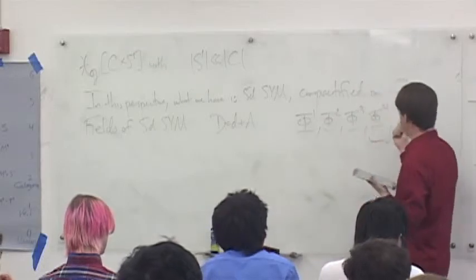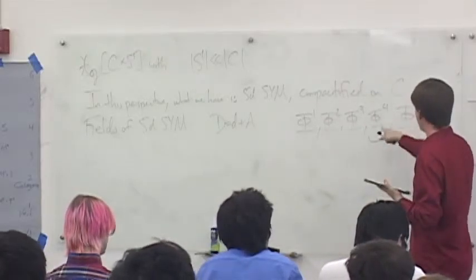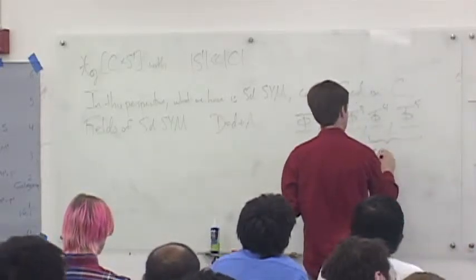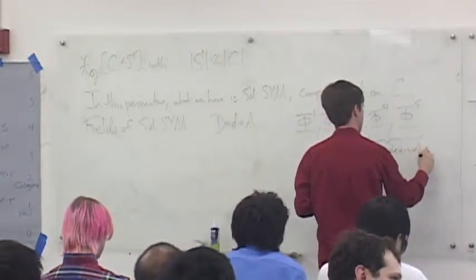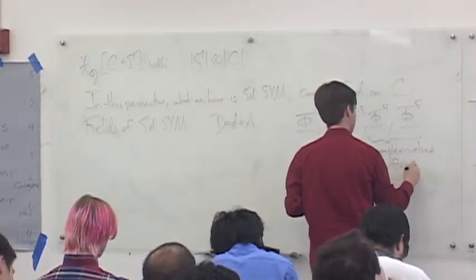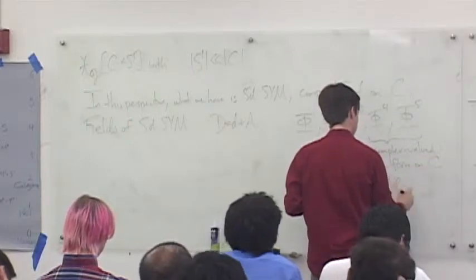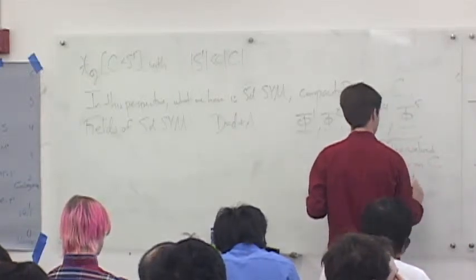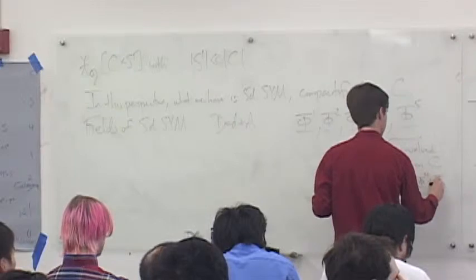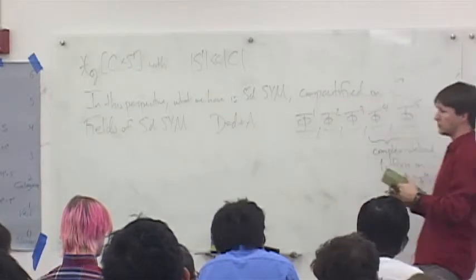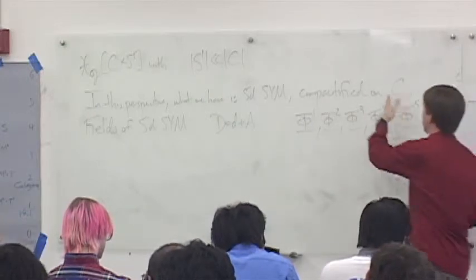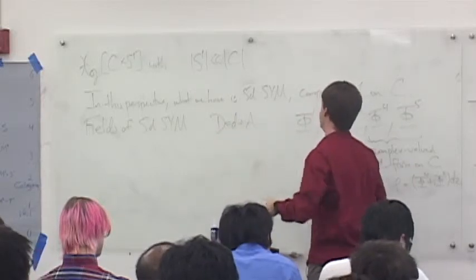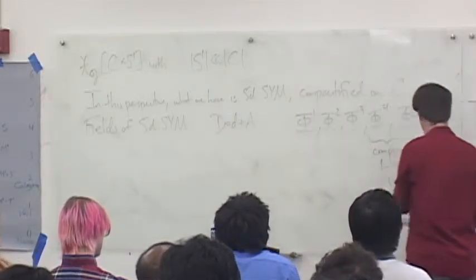Instead of thinking of them as just being 5 scalars, we combine these two into a complex thing, and second, a complex valued one form on C. So if you like, it's phi 4 plus i phi 5. This is in the theory on C. When we formulate the theory on C, we describe the fields slightly differently: a connection, 3 scalars, and now one complex valued adjoint one form.